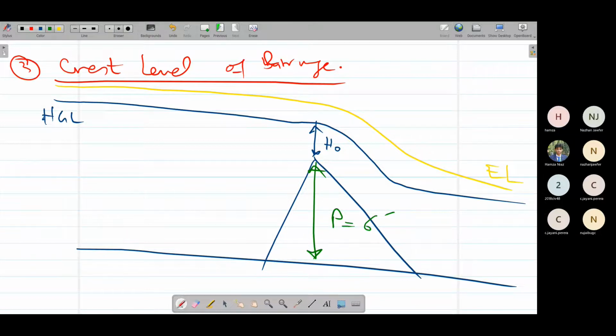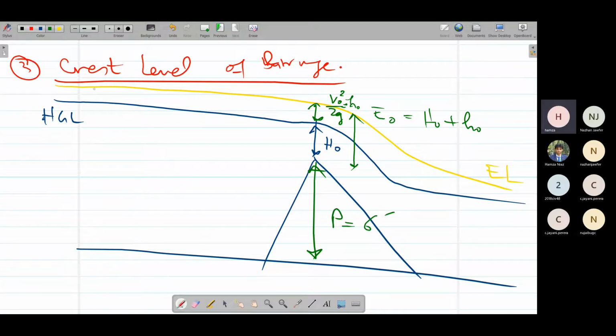Above this is our velocity head, V naught squared over 2g, and this is the energy level above the crest. And the total or the specific energy above the crest, we'll call it E naught. So E naught would be capital H naught plus small h naught. The capital H naught is the water head, and the small h naught is the velocity head above the crest. E naught is the specific energy above the crest.